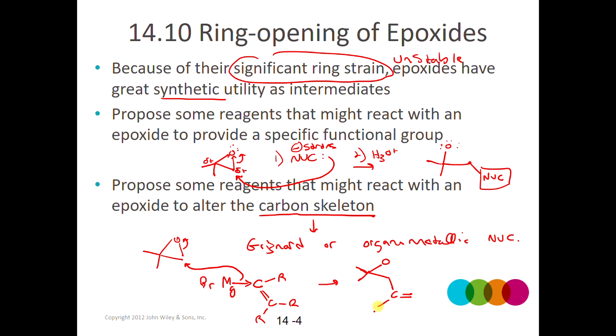So whatever my Grignard was, it's now connected there. So the thing about that that's really nice is we can alter the carbon skeleton in a way that we so choose and make a new carbon-carbon bond between what was the Grignard and what was the less sterically hindered carbon of the epoxide.